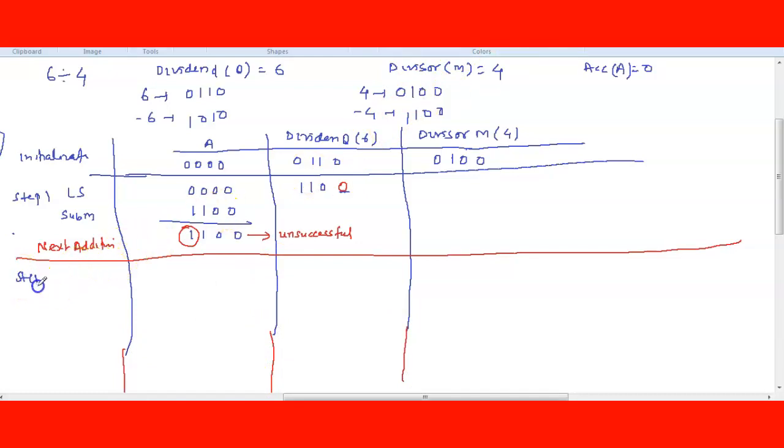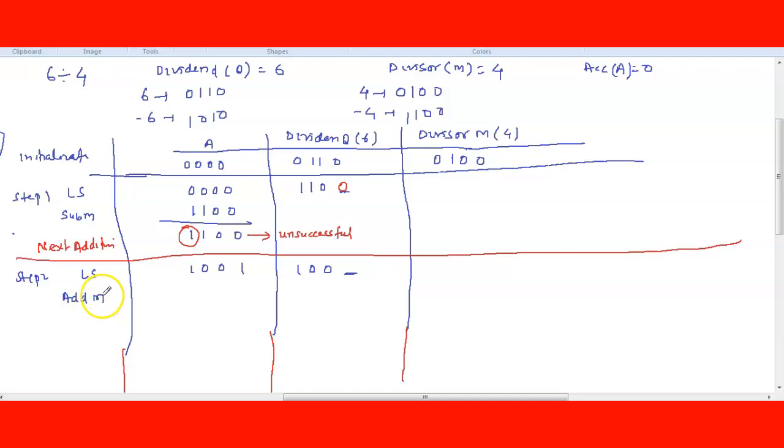Step 2, first do the left shift. So you'll get 1 0 0 here. This is 1, and here we'll get 1 0 0. This is empty. When you were subtracting m before, here you add m.